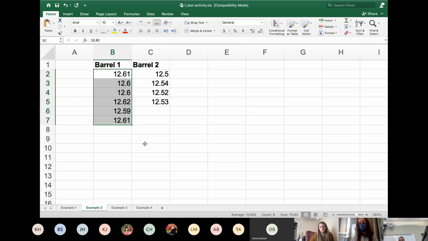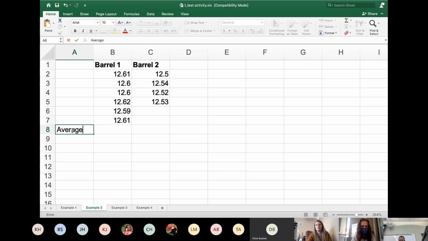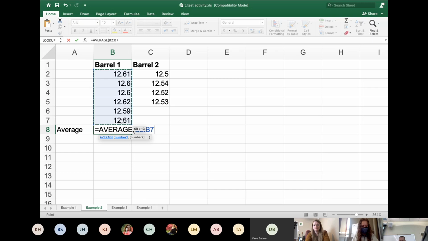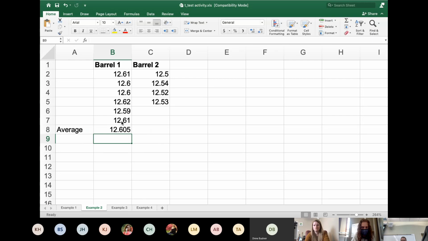So we can calculate the average. What else do we talk about in terms of describing this data? Standard deviation.